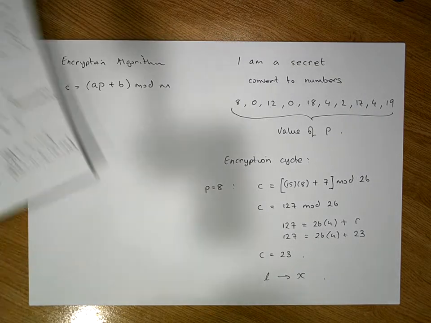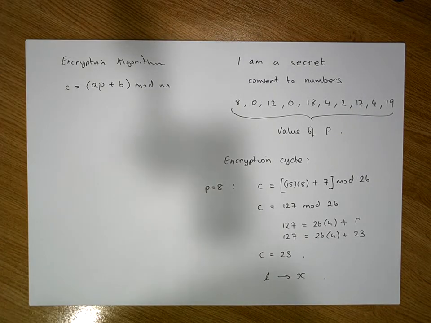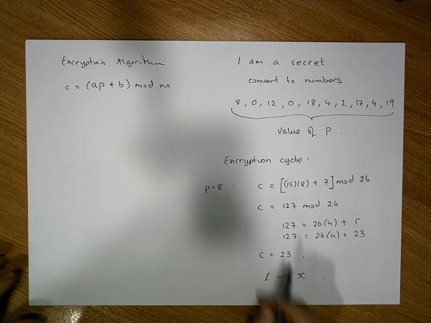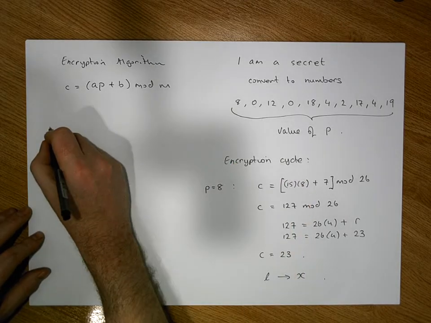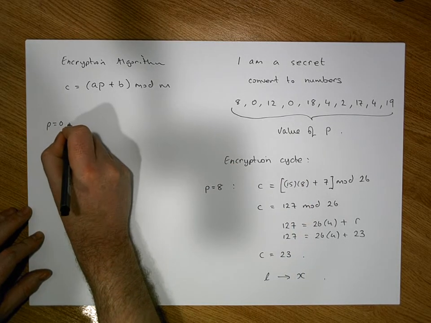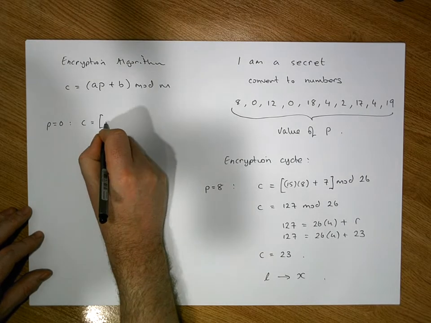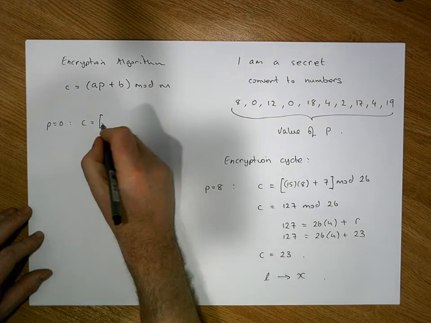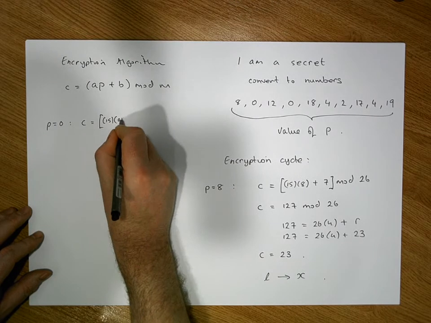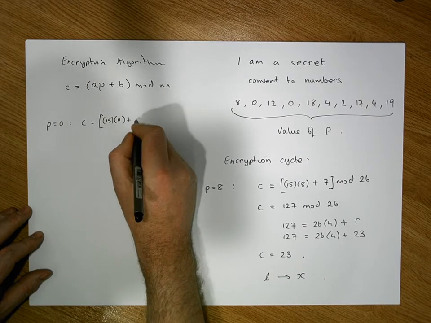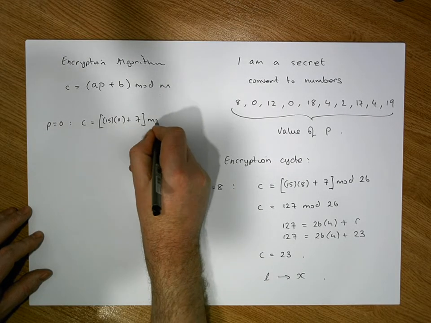And we continue in this fashion, encoding our characters. So when P is equal to 0, our ciphertext C is equal to A, which is 15, times 0, plus B, which is 7, modulo 26.